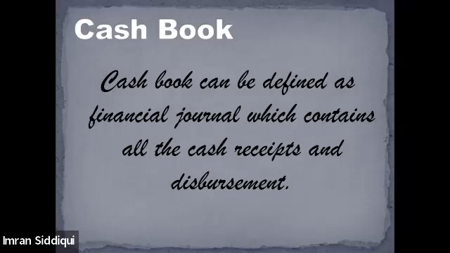The cash book can be defined as the financial journal which contains all cash receipts and disbursements, that is payments. So all the payments and receipts with respect to cash are recorded at one place, which is called the cash book.